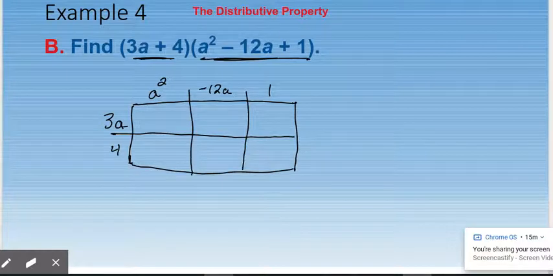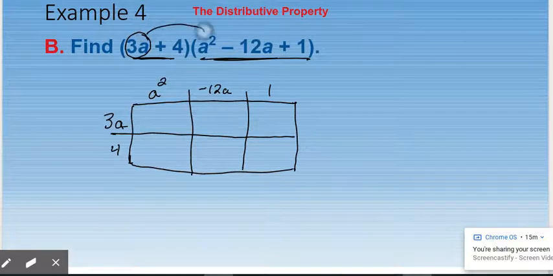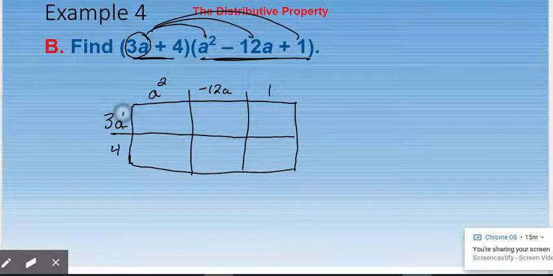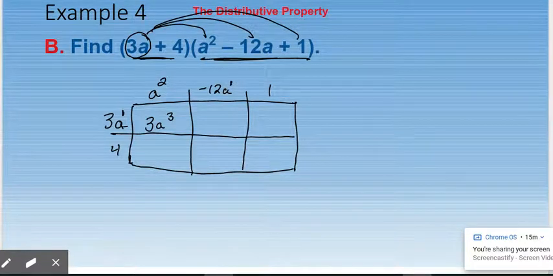So the first time we're working with the 3a, and you're multiplying it to all three. So 3a to the first times a squared, it's 3a to the third. 3a to the first times negative 12a to the first, it'd be negative 36a squared. And then 3a to the first times 1 is 3a.